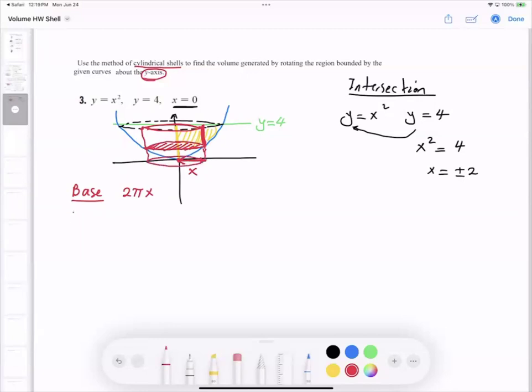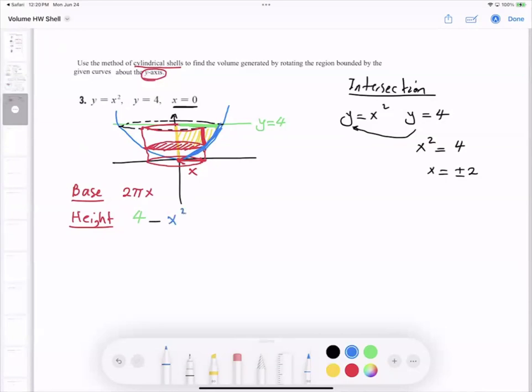And then for the height, well, what is the height? The maximum y value is 4 on top, and the minimum y value is located on your parabola, minus x squared. So it's not that difficult to set it up.